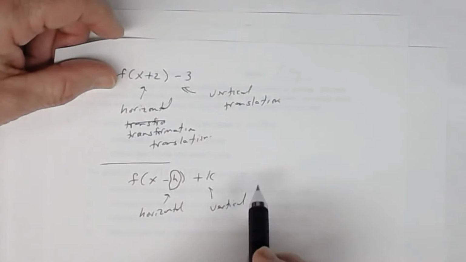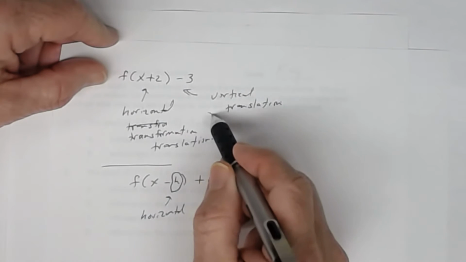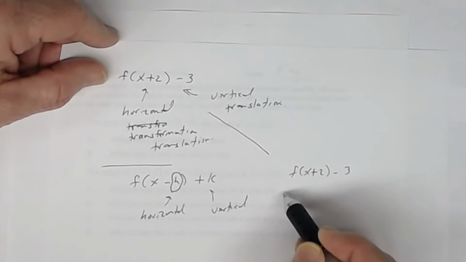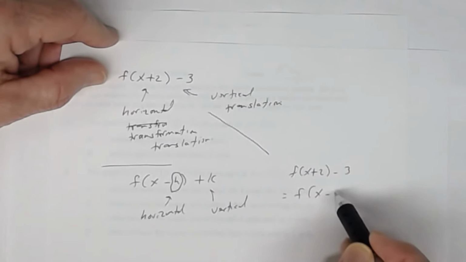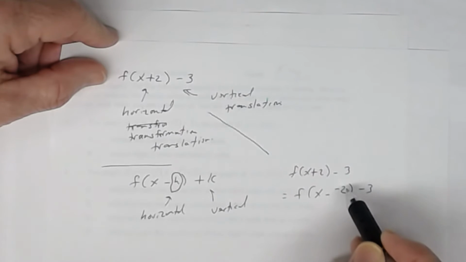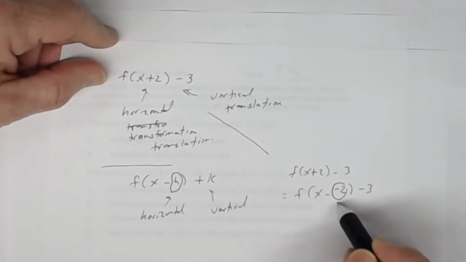All right, so notice over here, see that f of x plus 2 minus 3? You can rewrite f of x plus 2 minus 3 as f of x minus a negative 2 minus 3. So this h here is negative, so h is negative 2.